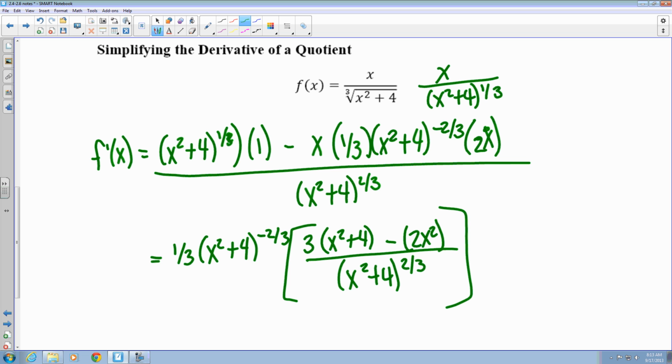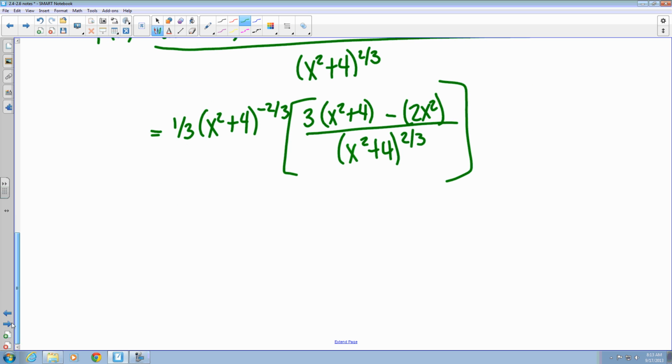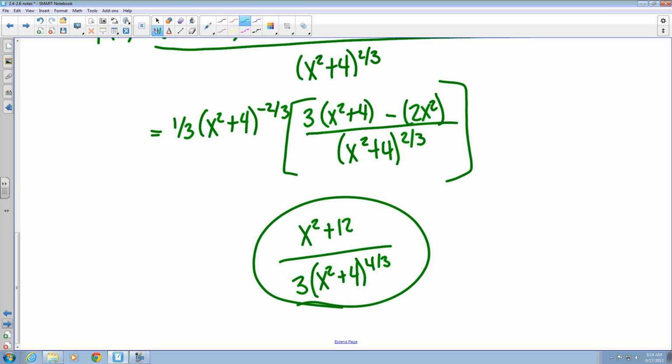So we just took that negative 2/3 out of the top and the 1/3. And our final answer, x squared plus 12 over 3 times x squared plus 4 to the 4/3. So what we did was brought what we pulled out, the 1/3 x squared plus 4 to the negative 2/3, down to the bottom and distributed through the top to get that answer.